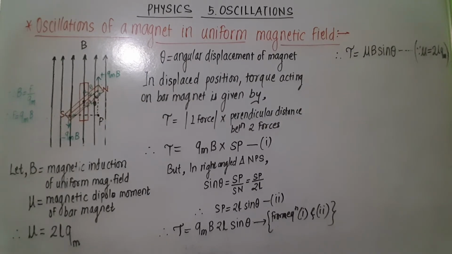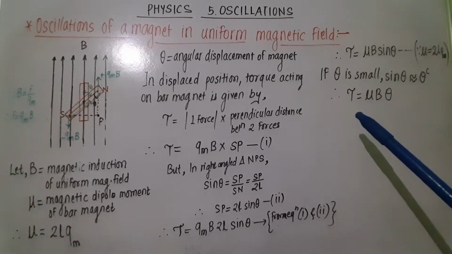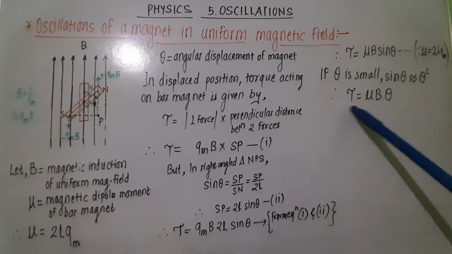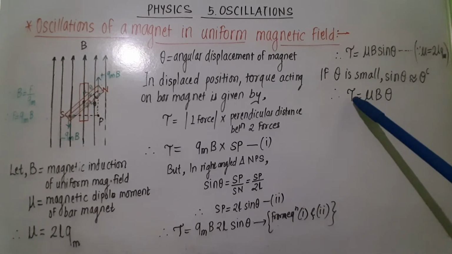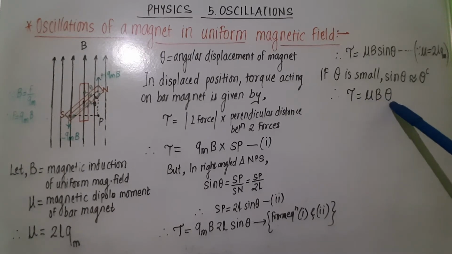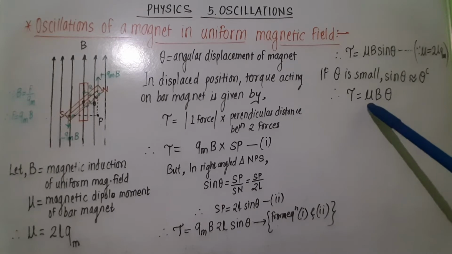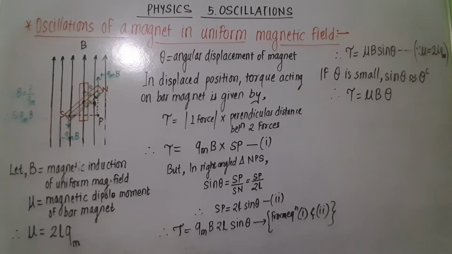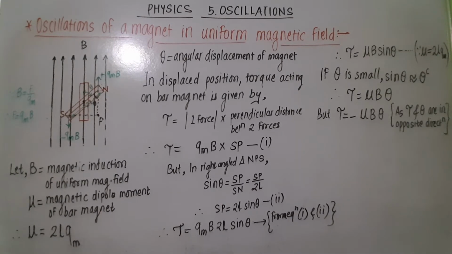But theta is a very small angular displacement, therefore sin theta is approximately equal to theta. Now this value of torque is in magnitude, but we know that the restoring torque acts in the opposite direction to that of angular displacement. So here we will take a negative sign. Let this be equation 3.